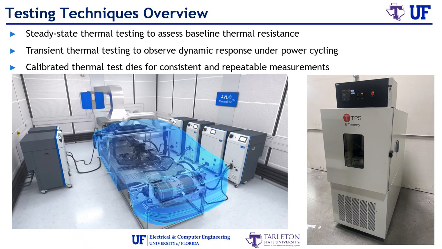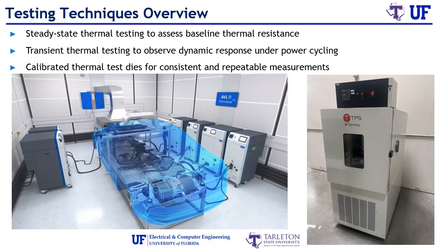There are several techniques used to evaluate the thermal behavior of semiconductor devices. The two main approaches are steady-state and transient thermal testing. Steady-state thermal testing is used to determine the baseline thermal resistance once the system has reached equilibrium. It helps engineers understand the constant heat flow from the junction to the ambient environment, giving an accurate measurement of overall thermal efficiency.